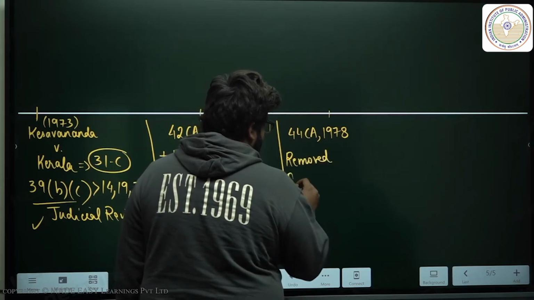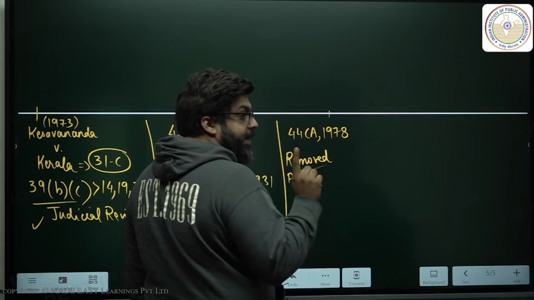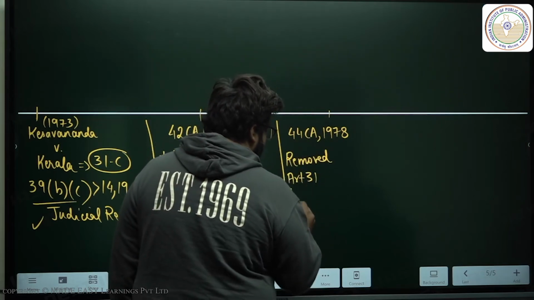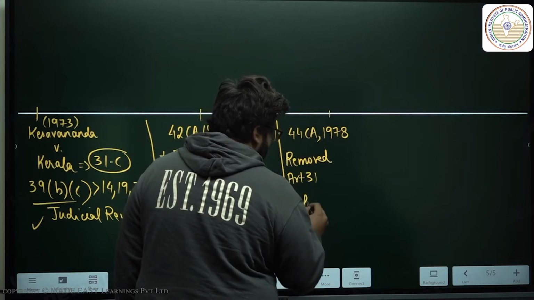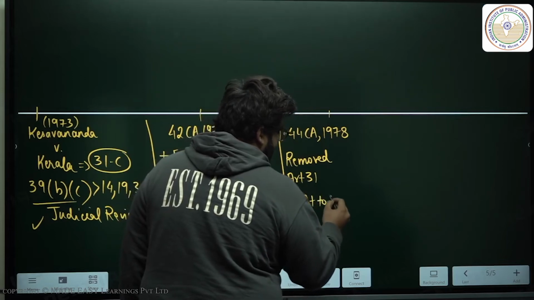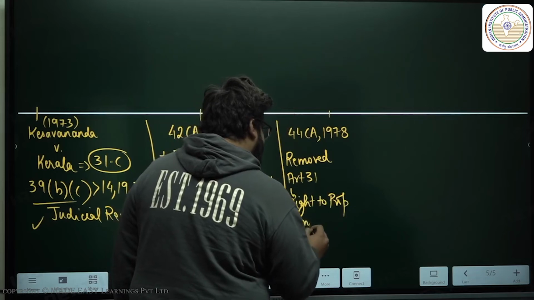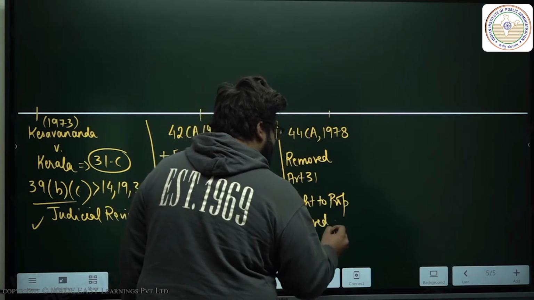Article 31. 31ABC is still there, but 31 was removed. So right to property was removed as a fundamental right.